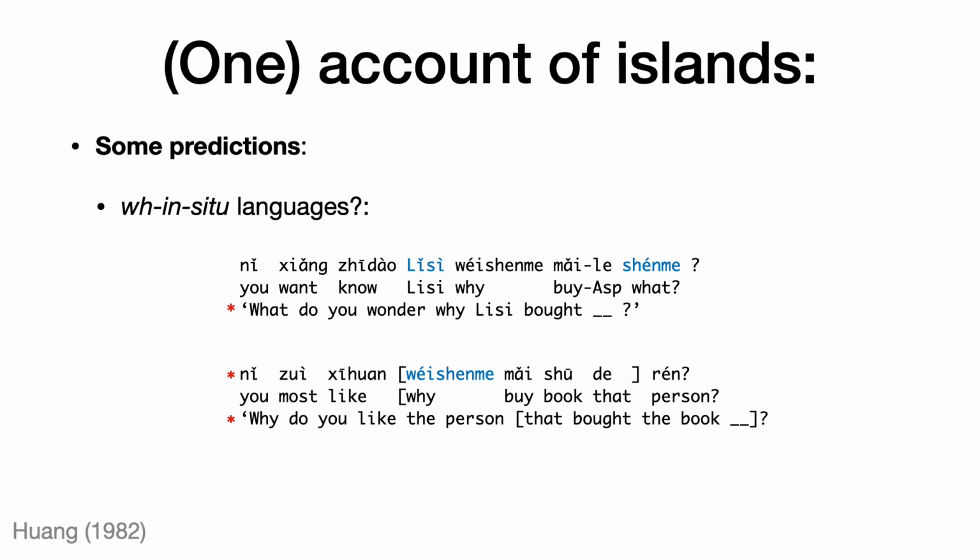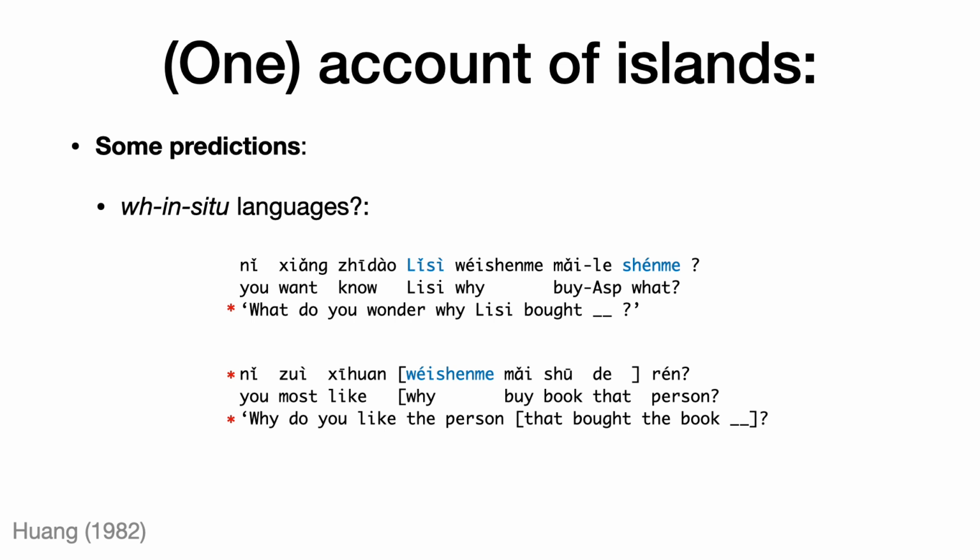Because in Chinese, you can. So either there's no reason to say the sentence, in which case we've explained why the English sentence is bad, but then we have to explain why the Chinese sentence is good, right? Or something else, right? So the fact that a structure is an island in one language but not the other means that we really need to look at some property of the structure of that sentence to make sense of it.